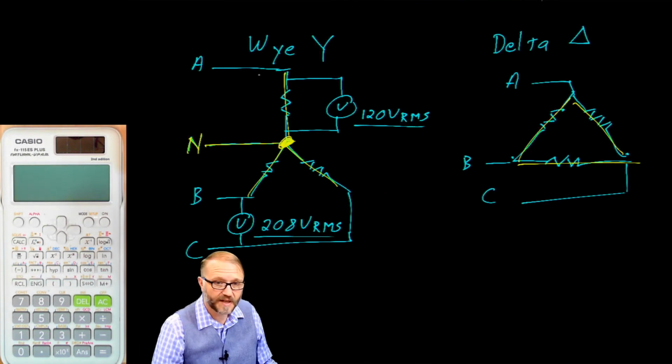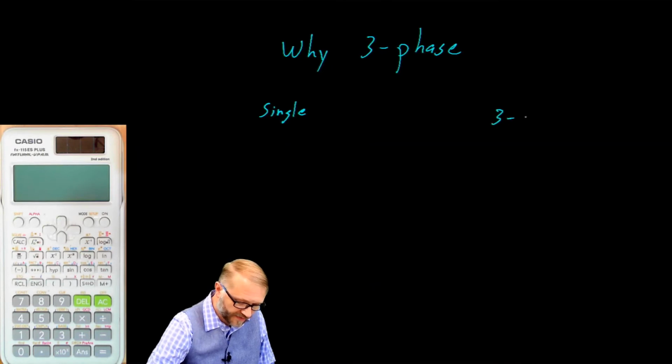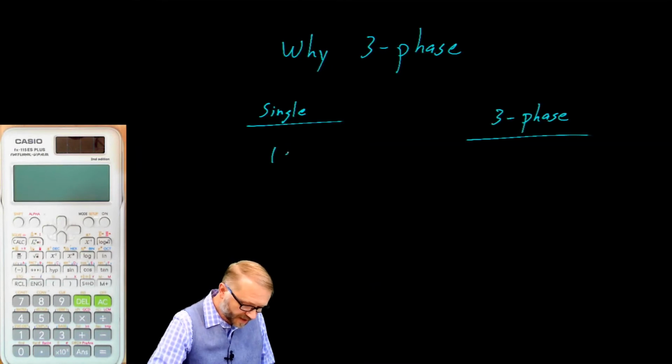A question you might have is, why do we bother with three-phase? And I would counter that with a motor example. So let's look at a single-phase motor and the equivalent three-phase motor. We'll assume that each motor is 10 horsepower.